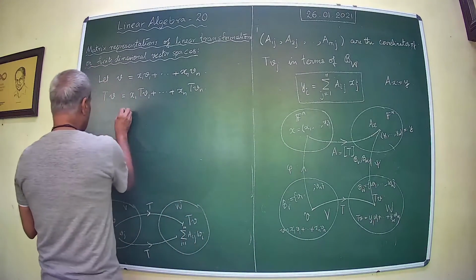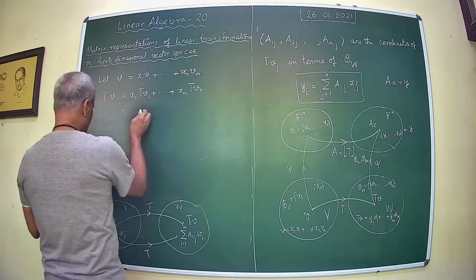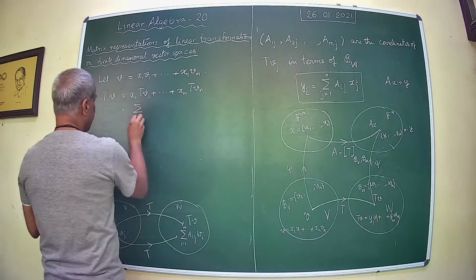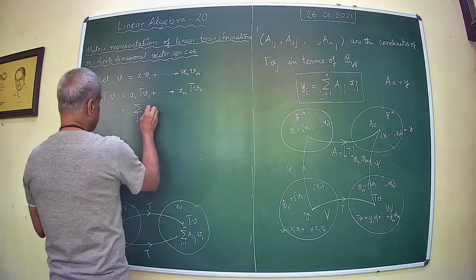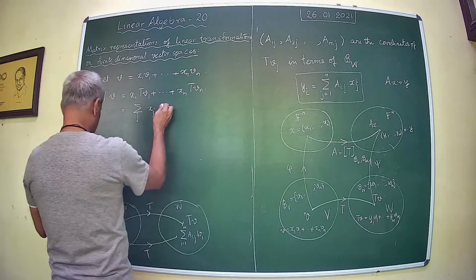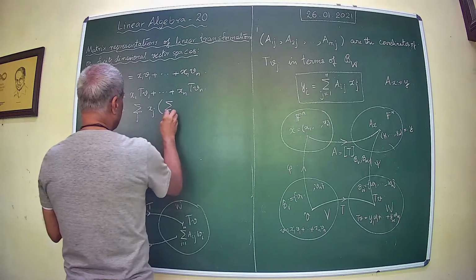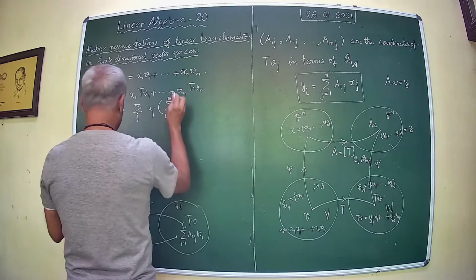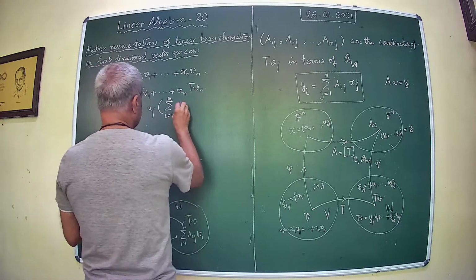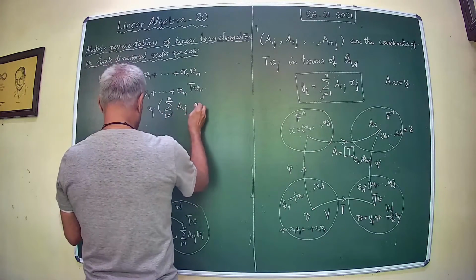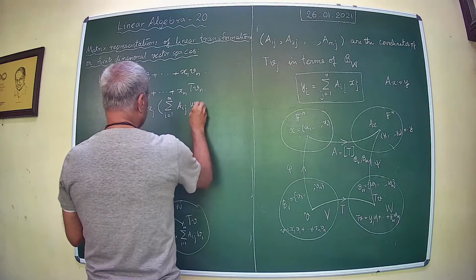And this is equal to summation over j of xj sigma i equal to 1 to m aij wi.